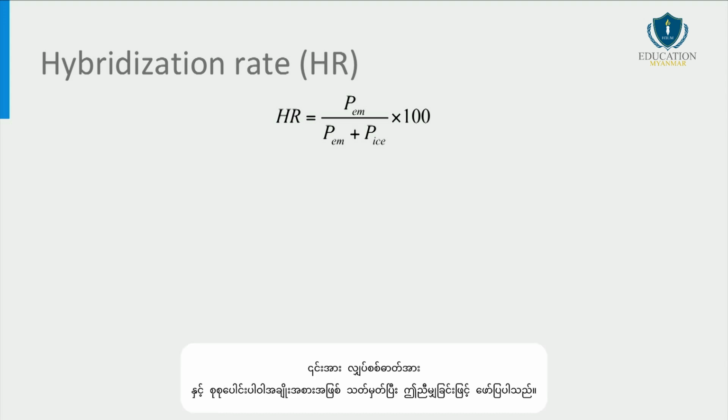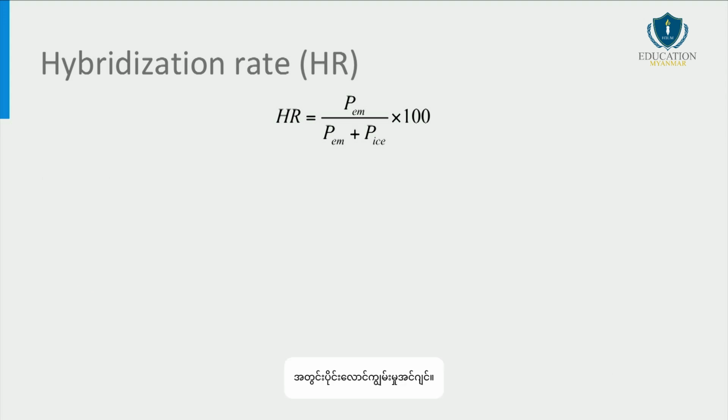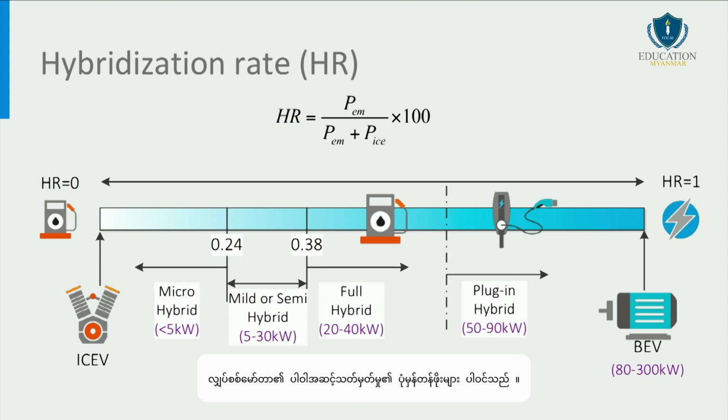It is defined as a ratio of electric power to total power and is described by the equation where PEM is the power provided by the electric machine and PICE is the power provided by the internal combustion engine. The classification for different values of hybridization rate is shown in this bar chart, including typical values of the power rating of the electric motor.